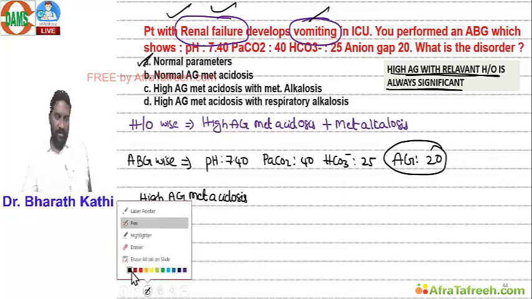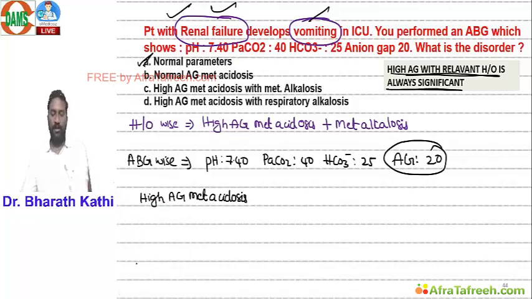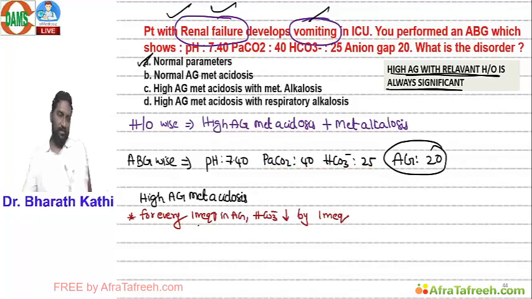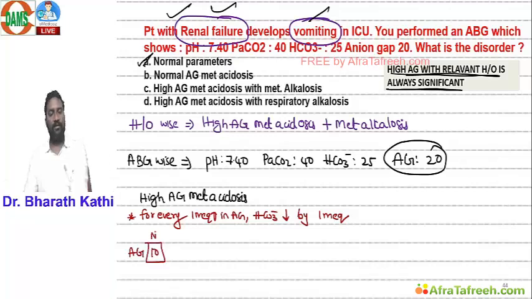Now let us see the delta concept, delta anion gap and delta bicarbonate. You know this relation: when there is high anion gap, for 1 milliequivalent increase in anion gap, bicarbonate should decrease simultaneously by the same amount. Now in this question, if you take the normal value as 10, anion gap has increased to 20.